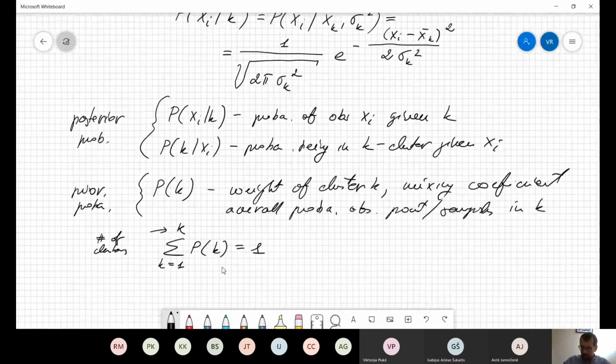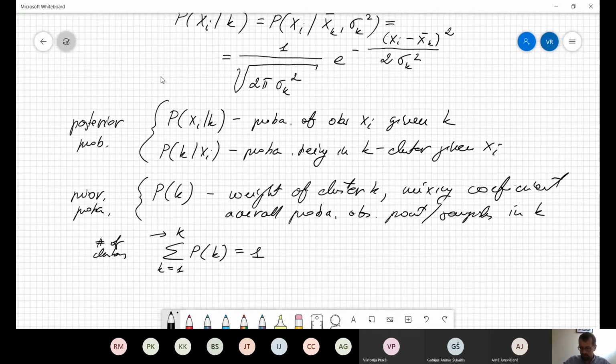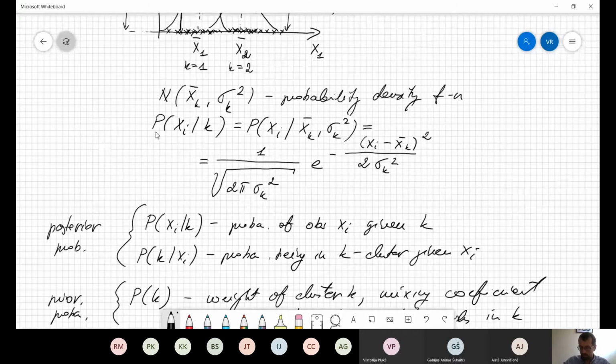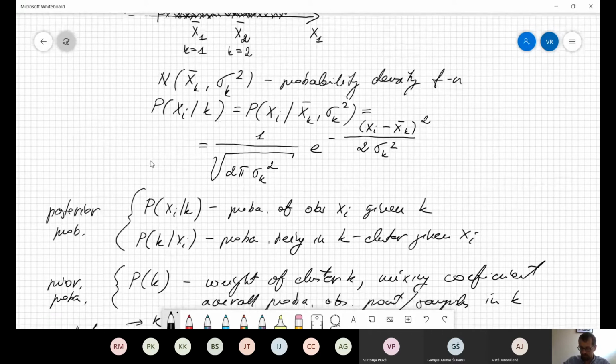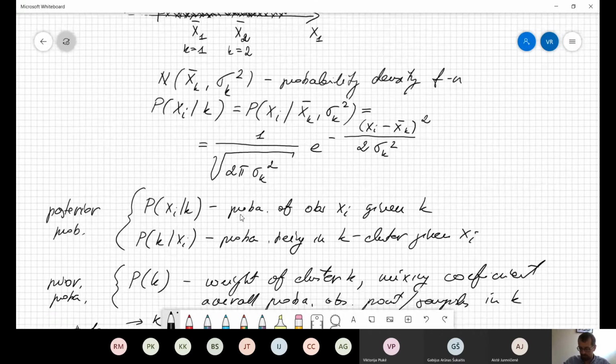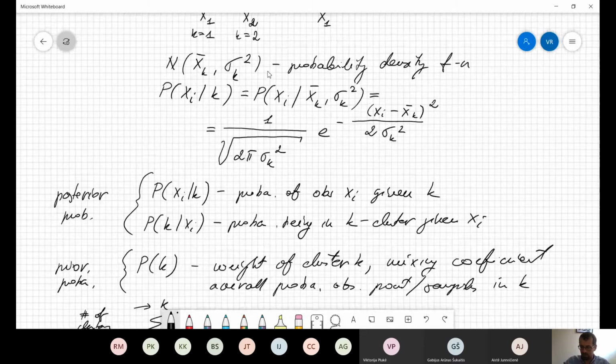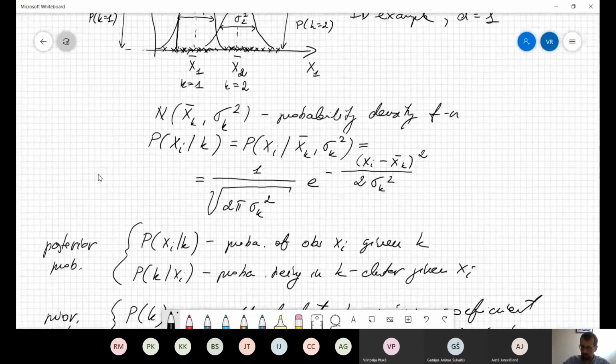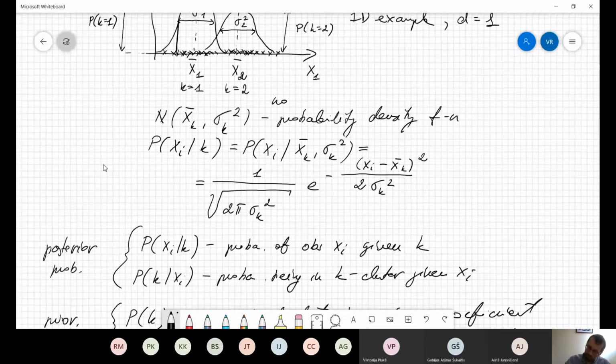Okay, so given these probabilities, and since we already know how to calculate the probability of observation xi given k, which is equal to the normal probability density function. And by the way, this can be any distribution model.